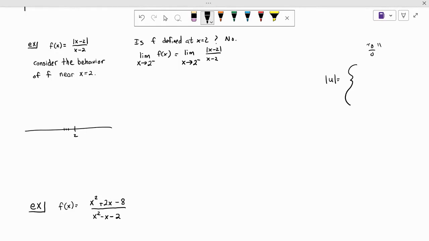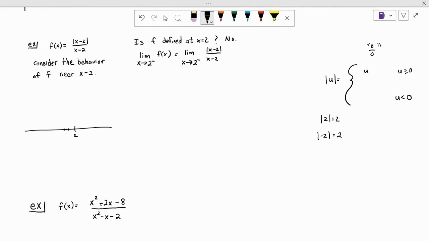So we can rewrite the absolute value as a piecewise function. We know that if u happens to be positive, or at least not negative, the absolute value of u is just u, like the absolute value of 2 is just 2. However, if the thing inside the absolute value is negative, like let's say u is negative 2, finding its absolute value still gives you a positive 2.